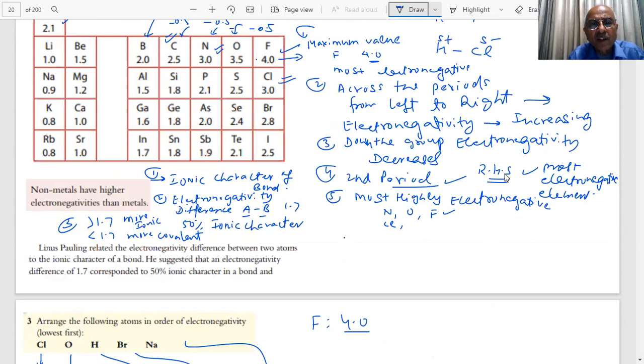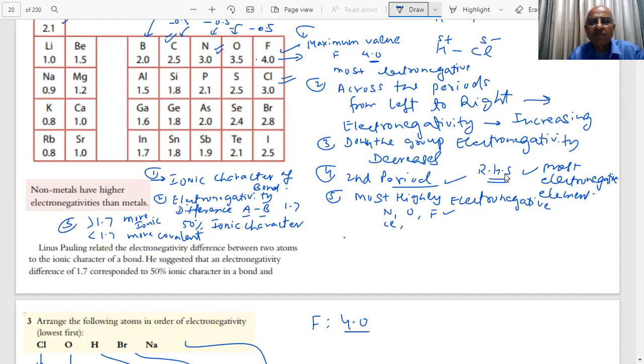Then from 3 to 2.8, a 0.2 difference, then 0.3 difference. This difference becomes less as you go down the group, as you can see. Hydrogen and carbon are almost the same, 2.1 and 2.5. Carbon is more electronegative than hydrogen. If you have to compare, 2.5 is more than this.